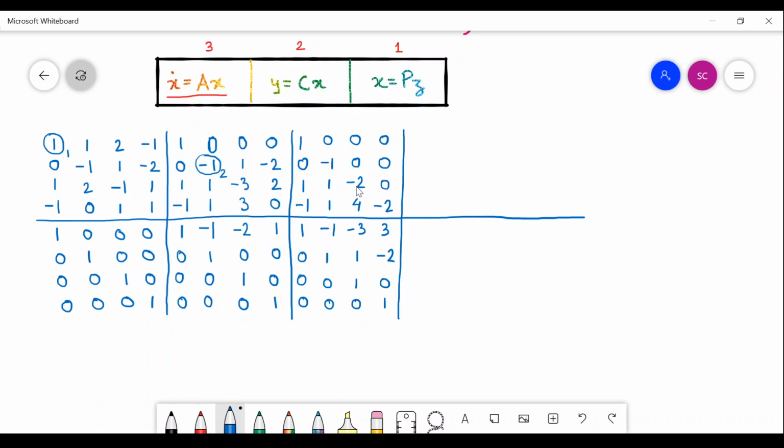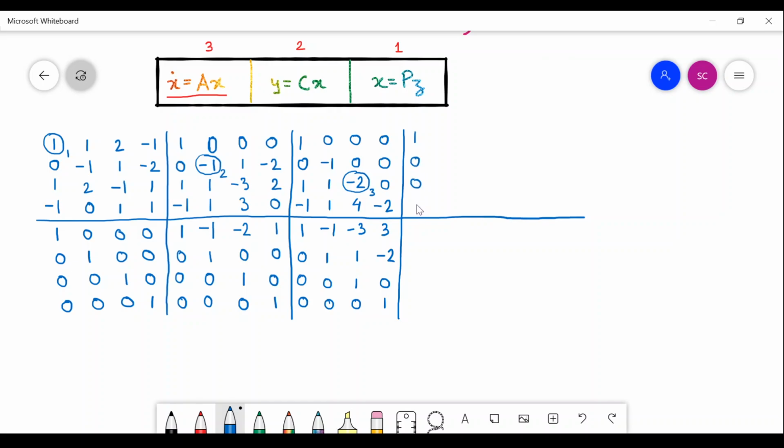Now you see, you can choose either this one or this one as your pivot element, and you can understand very well that there is no possibility that the entire top column will become 0, but just to complete the exercise, let us choose this as the pivot element and proceed to see what happens.